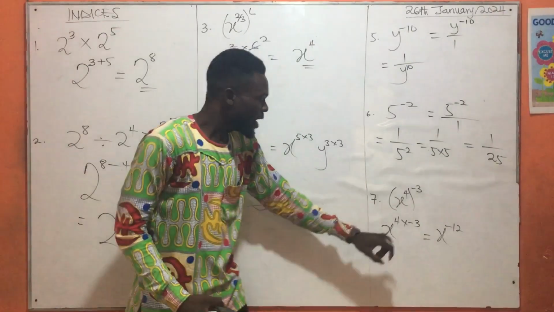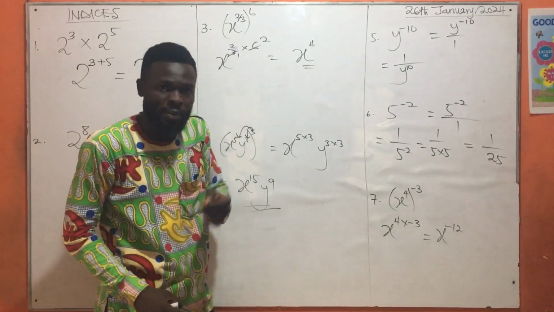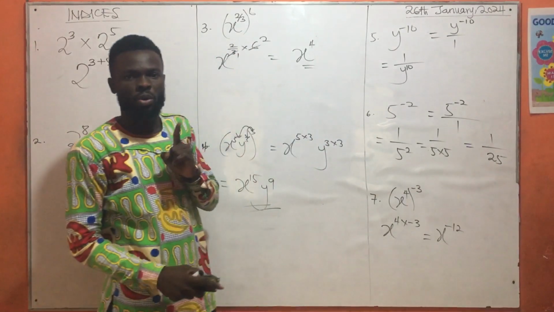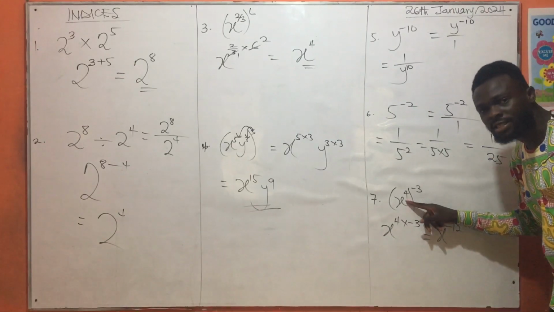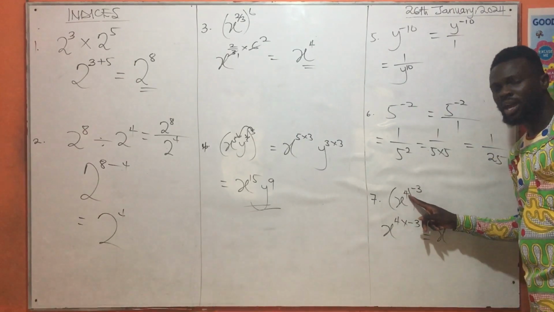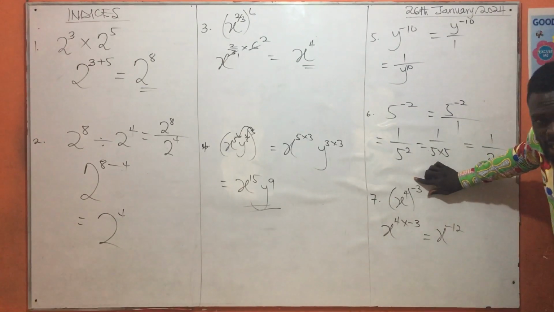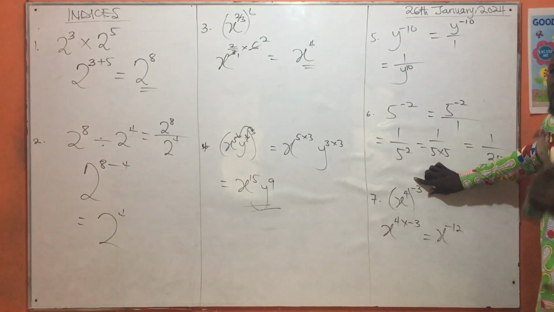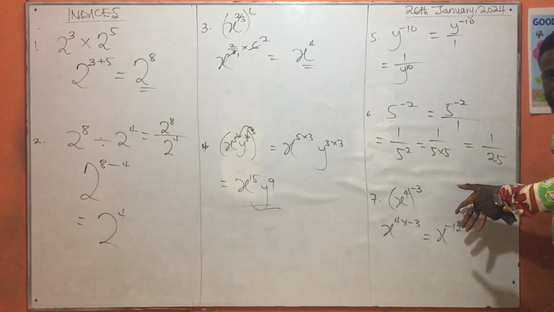So you see, we've applied the third law in this question, and now we are going to apply the fifth law. First, we saw that the base x is raised to a power 4, and this again is raised to another power negative 3. So I'll use the third law to get my answer for the first step.